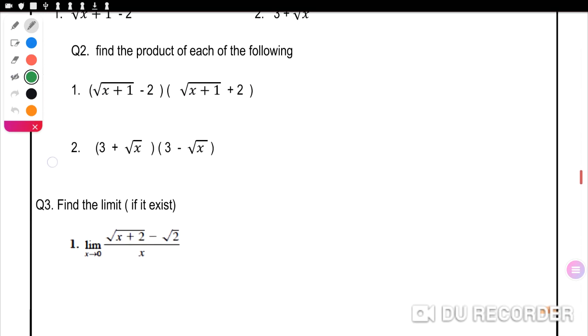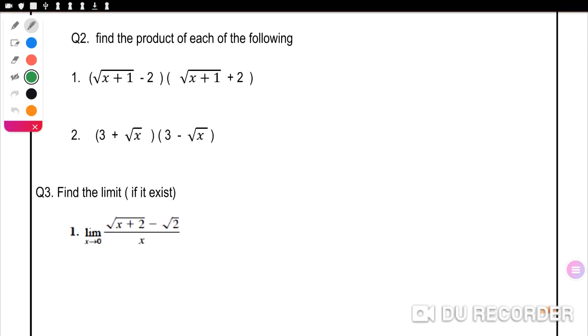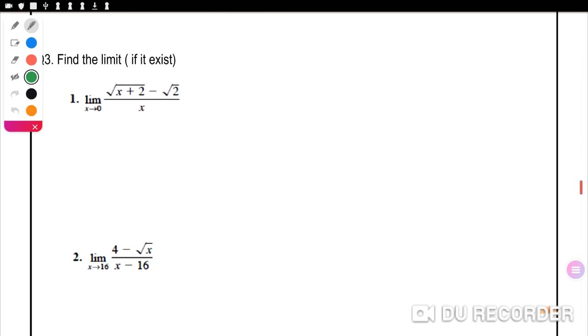We use it when we find the limit of a rational function using the rationalizing technique. When we use the rationalizing technique, if the numerator, the denominator, or both of them are not polynomials, since we have a variable under the root, as you see, this expression doesn't represent a polynomial.